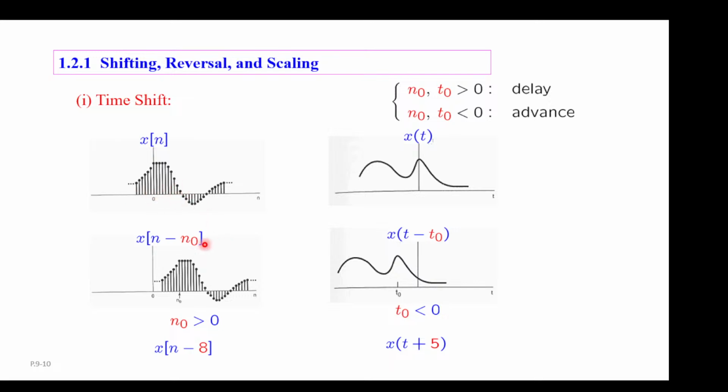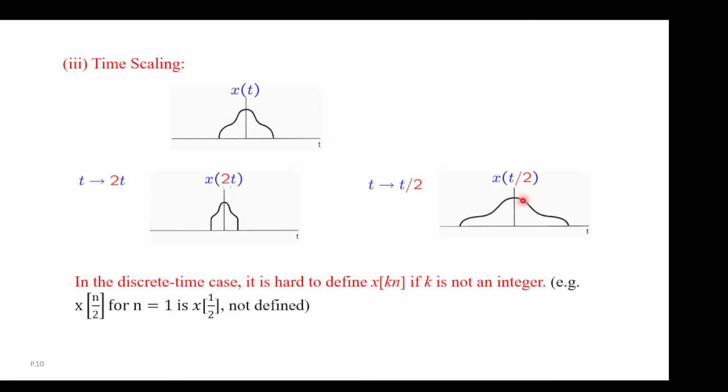But if you want to stretch or compress your signal, then the spacing needs to get stretched or compressed also. If you stretch or compress by some number, then the sample point may not be an integer anymore.